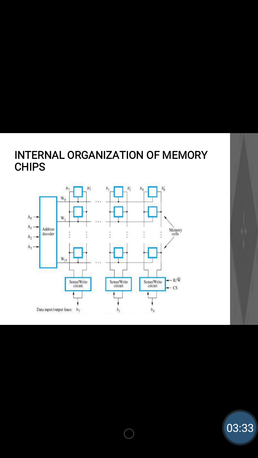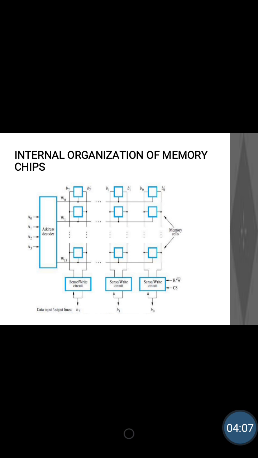The cells of that word line give the information stored in them to the sense or write circuits, and this data is transferred to the bus through the B0 till B7 lines.